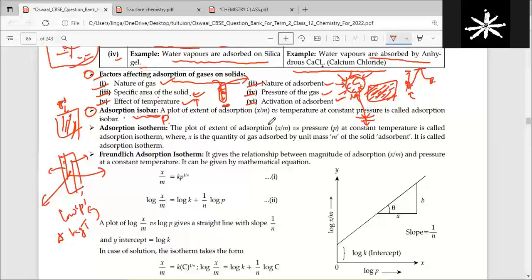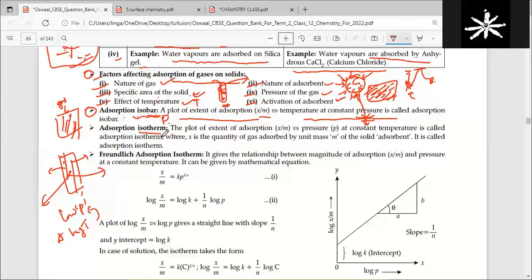That time we are drawing a graph. The plot of extent of adsorption x by m versus temperature at constant pressure. Isobar means at constant pressure. Isotherm means at constant temperature.